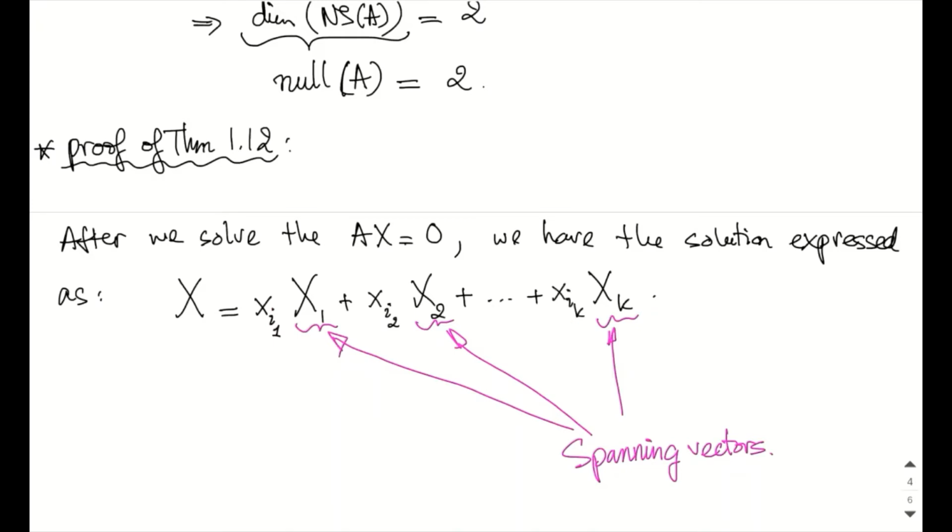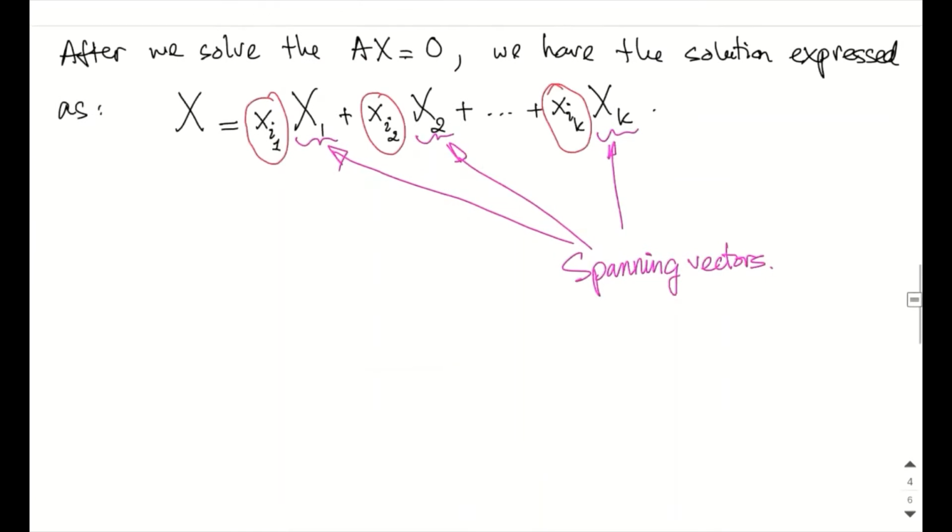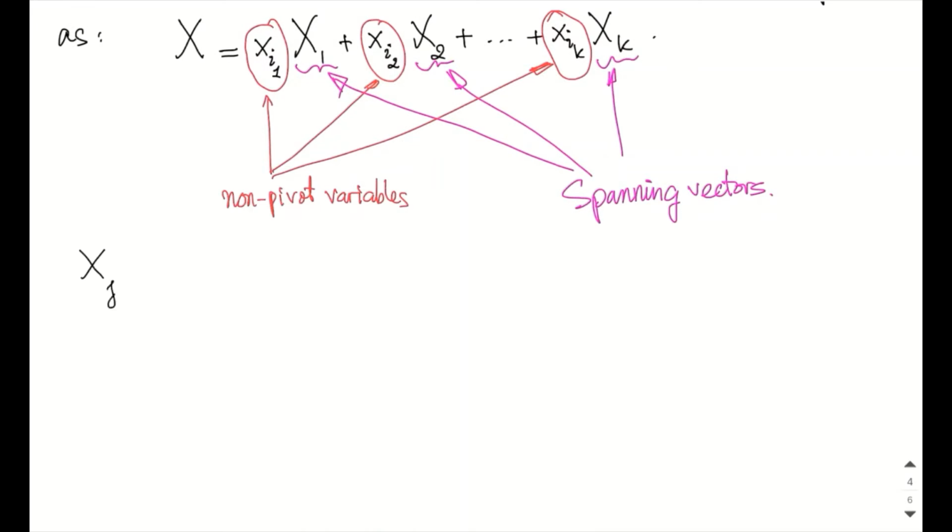That's what your book wrote, right? So these are the non-pivot variables. So any x_j, where j can be 1, 2, up to k. We don't know how many, so we use k in general, right?